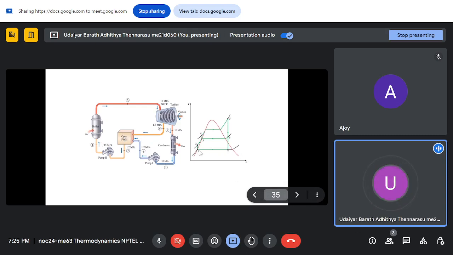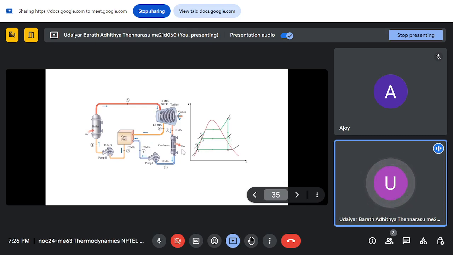So you see, 1 to 2 is the pumping, and then the pump outlet at 2 is mixed with state 6. That will give you a fluid at saturated liquid state 3, since we are assuming all ideal, so the open feed water heater exit is a saturated liquid. So 2 is mixing with 6 and coming out at 3, at 1.2 megapascal.